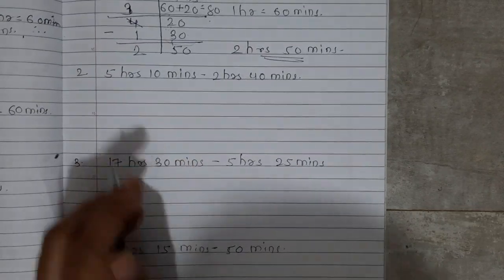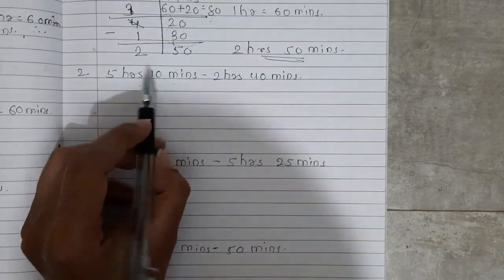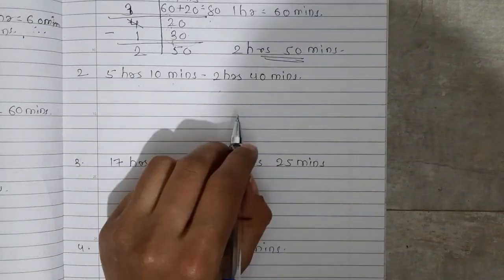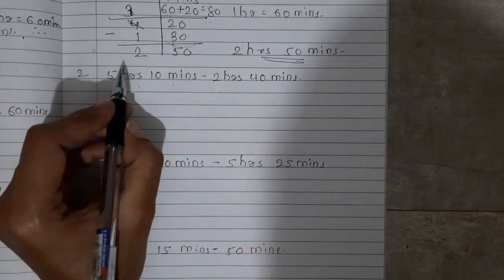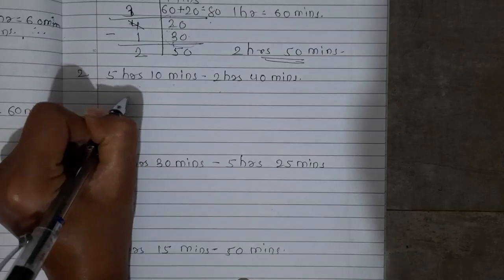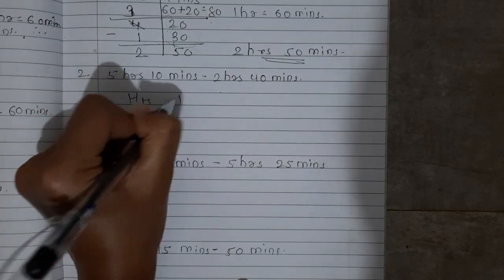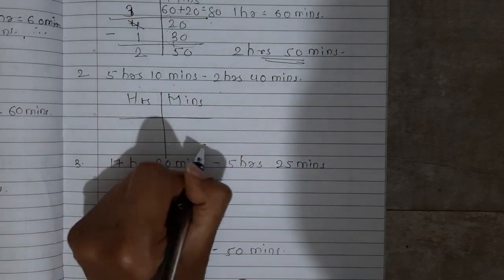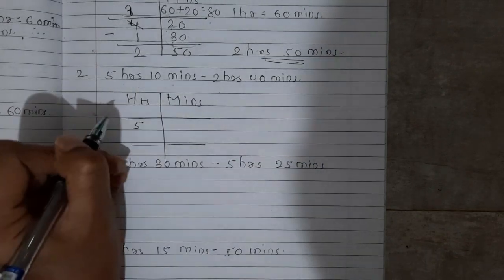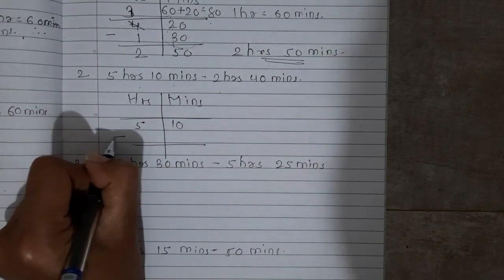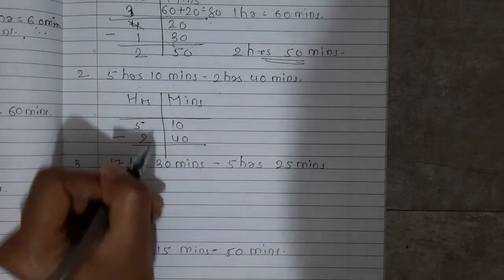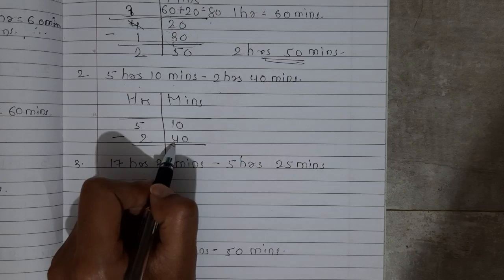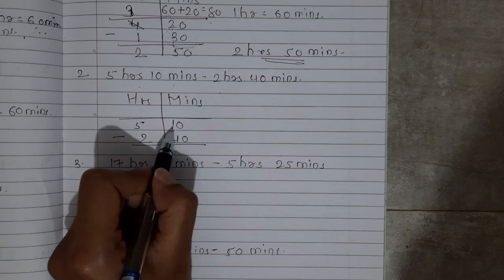Next one. 5 hours 10 minutes minus 2 hours 40 minutes. Now we cannot deduct 40 from 10.